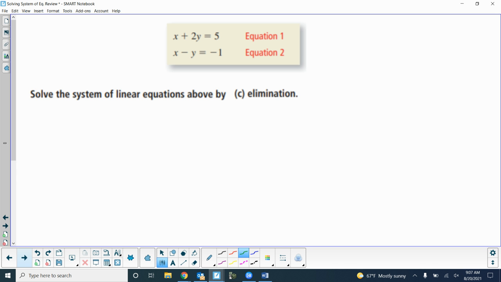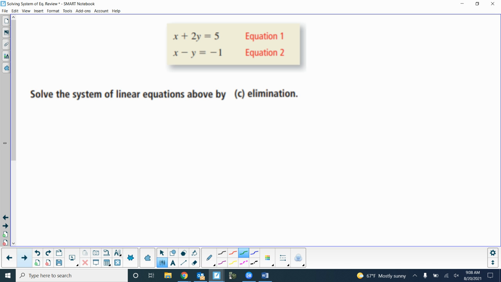Now, I would not do what your book, your little paper does. Your paper multiplied the bottom equation 2 by 2. I wouldn't multiply any of them, because what's in front of both x's? 1. They already have the same number in front, right?